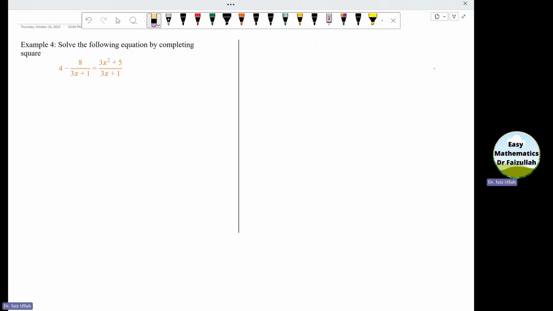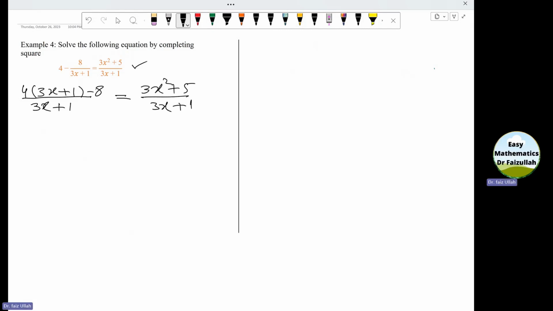To solve such type of equations, first of all, we convert them to the standard quadratic form. Let us take the LCM of the left hand side. The LCM is 3x plus 1. So we get 4 into 3x plus 1 minus 8, and that is equal to 3x square plus 5 divided by 3x plus 1.